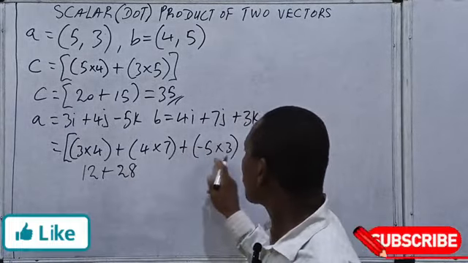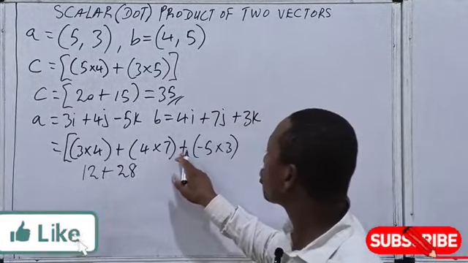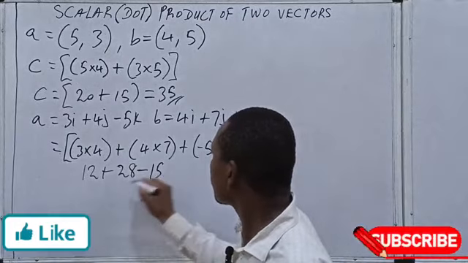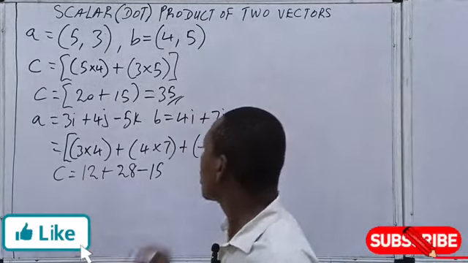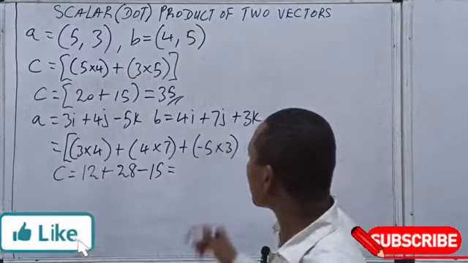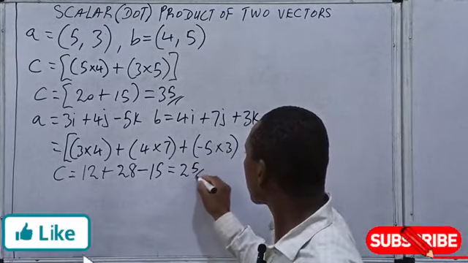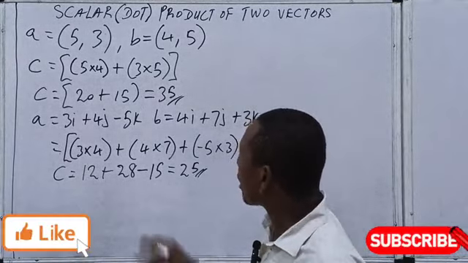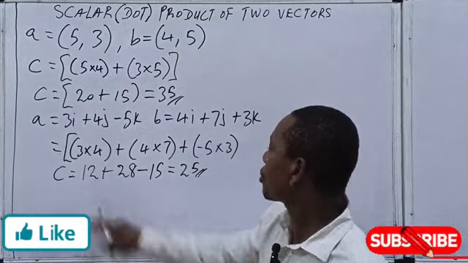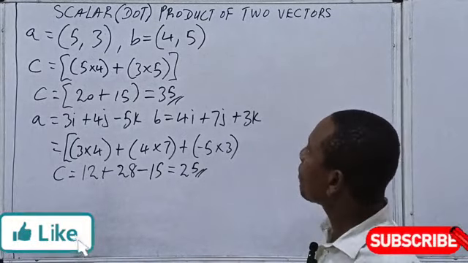This times this is minus 15. So if you use the positive sign to multiply the negative sign, you have negative sign. So minus 15. Then the dot product is equal to, if you use your calculator, I think you have 25. There's no need for the calculator, right? Now, what I just did is to remove 15 from this. I have 13. 13 plus 12 is 25.